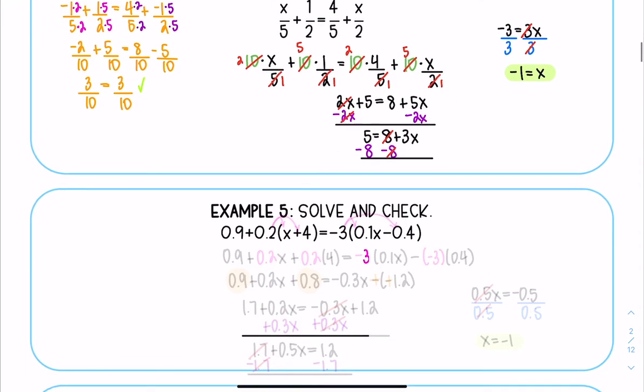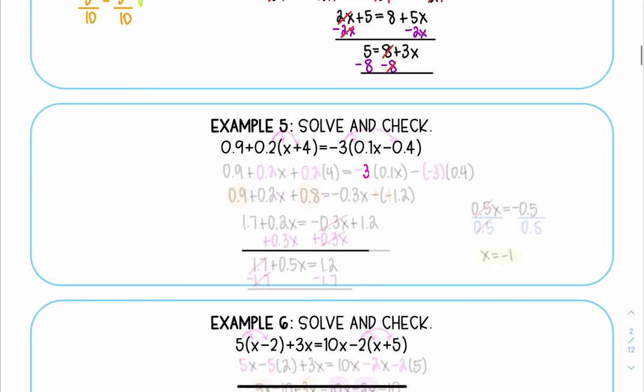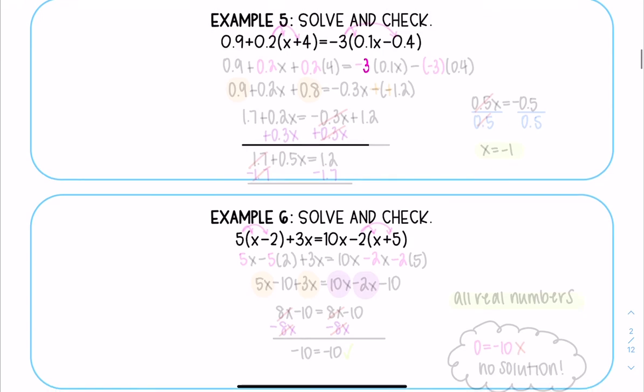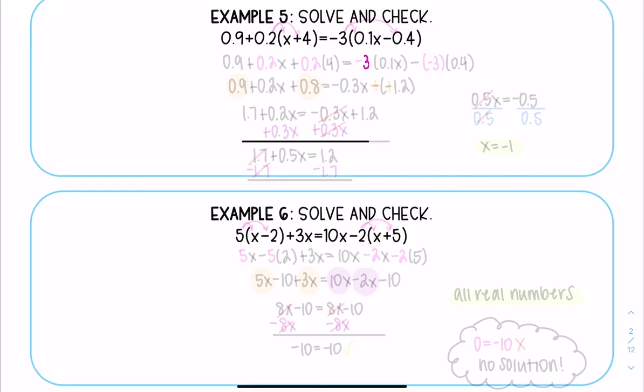Now we're going to look at example number 5. We're working with decimals. Don't let that scare you. So the first thing we want to do is get rid of those grouping symbols. We're going to distribute 0.2 to both pieces, and then negative 3 to both pieces as well.